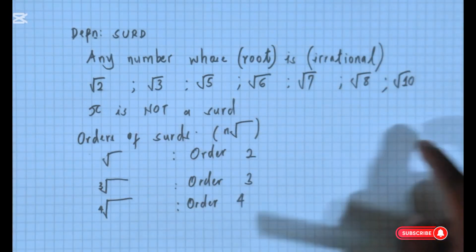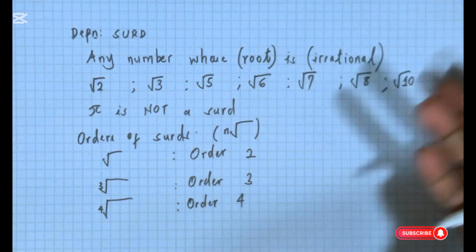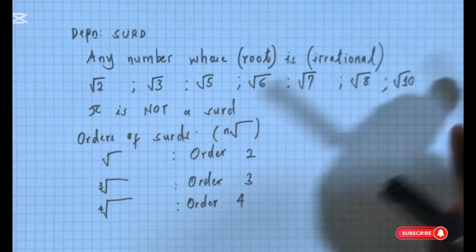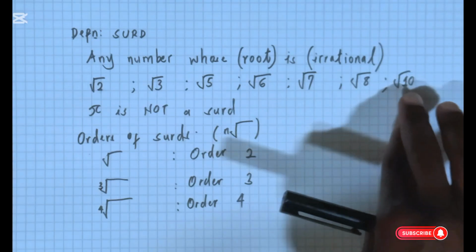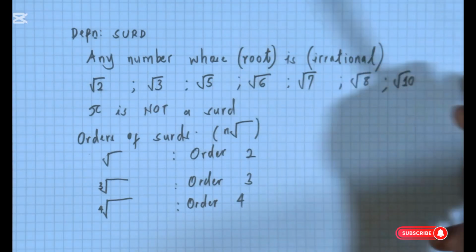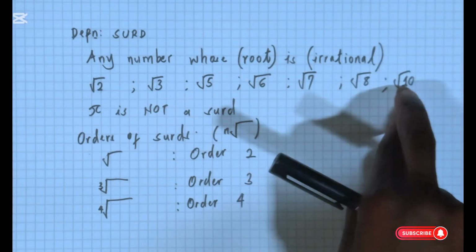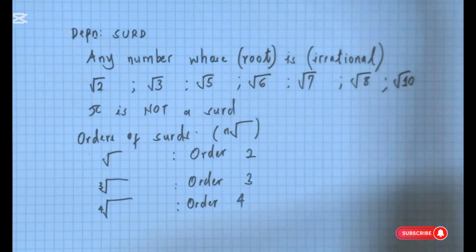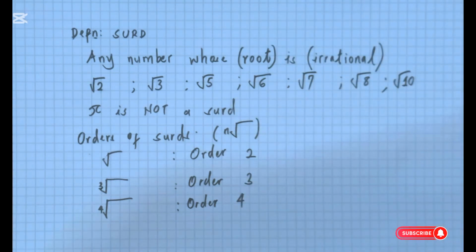When you find the root of 10, it will be irrational. It's very easy to tell if it's going to be irrational or not. Just look at the number, and if you can rewrite it with one of the factors being a prime number, then basically it's going to be a surd.